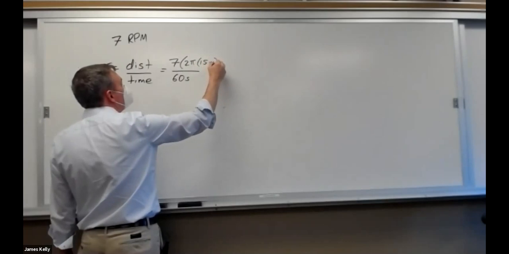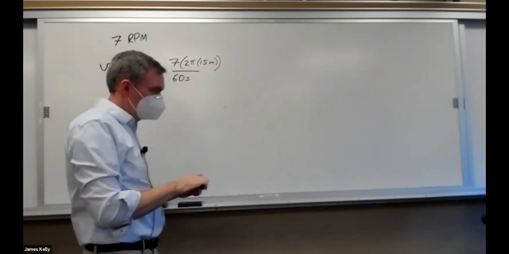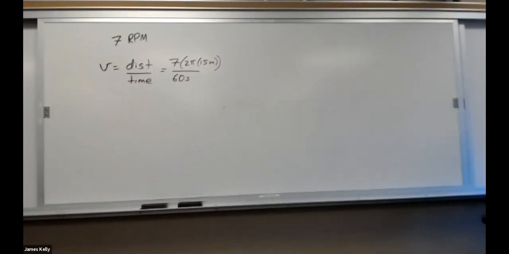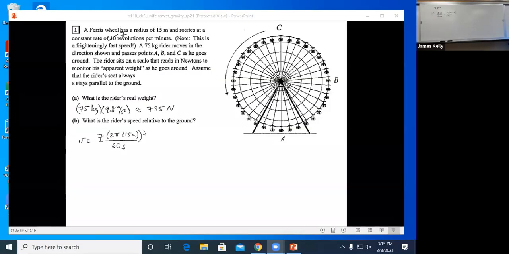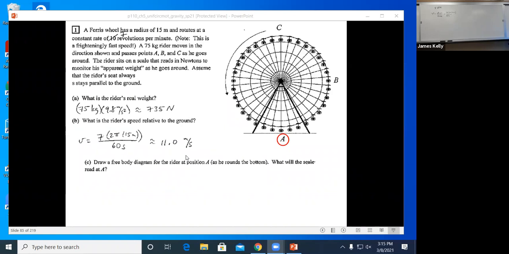Is that right? So that's a good thing to remember. We're going to be using that over and over again. It will definitely be something that shows up somewhere on your next exam, that distance over time trick. And we'll be practicing with it quite a bit. So that number ends up being 11 meters per second.